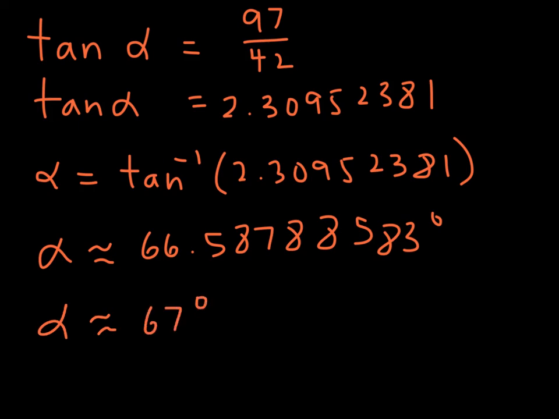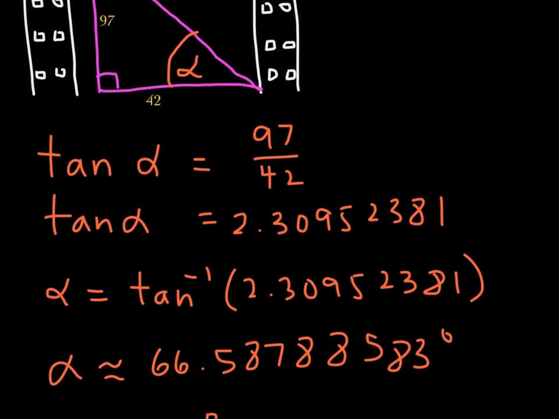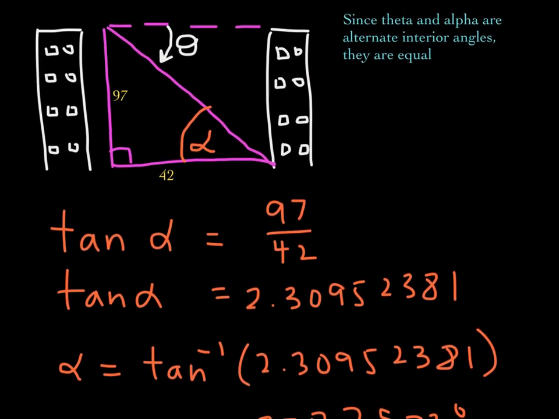That's the measure of angle alpha in our diagram, which is also the measure of angle theta, which is the angle of depression. Isn't that great, everybody? We're able to solve an application like this one, right? Standing at the top of a building, looking at the bottom of a building that's across the street, and that angle of depression is about 67 degrees.